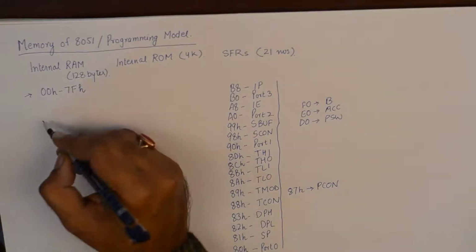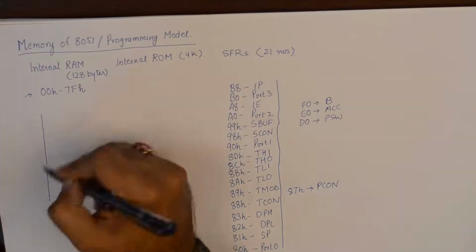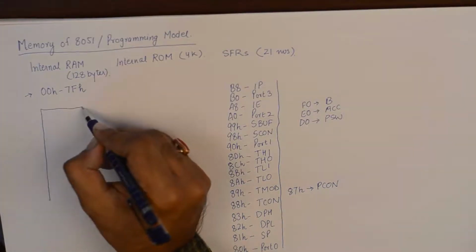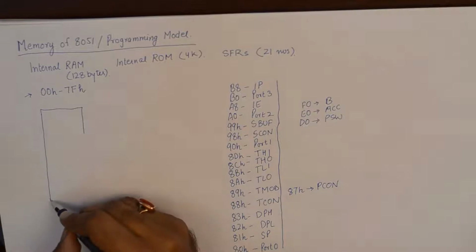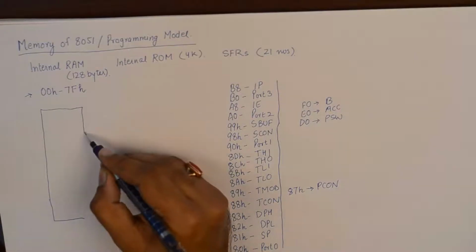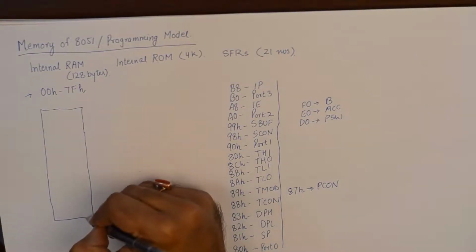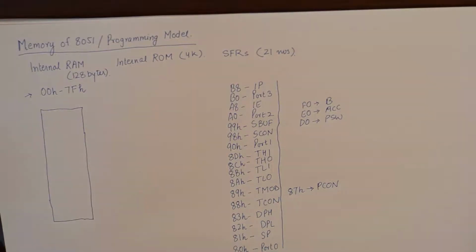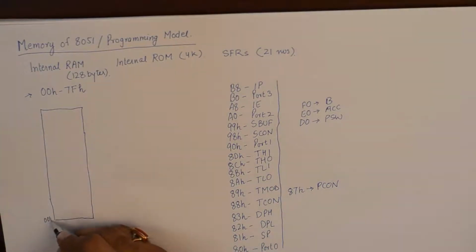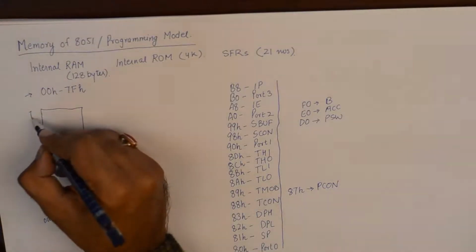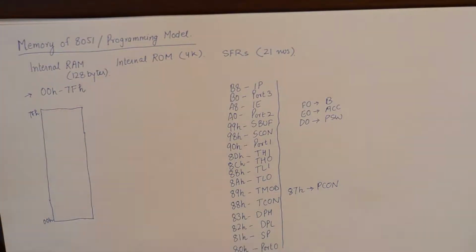Now, if we draw this memory space of 8051 ranging from 00H to 7FH, which is of course 128 locations.